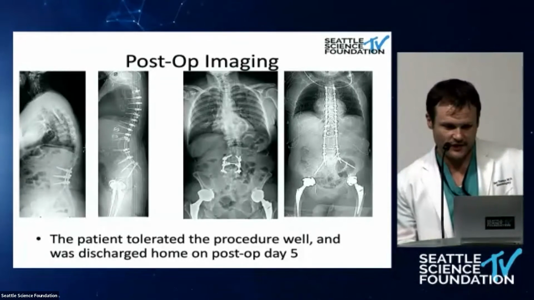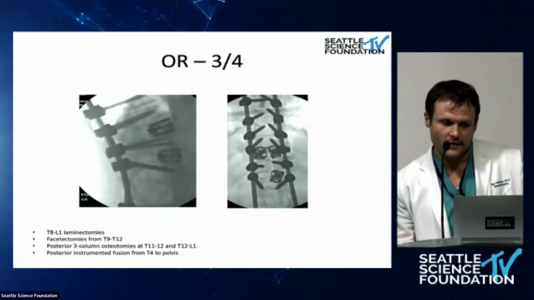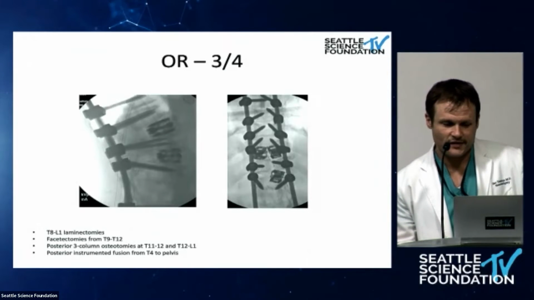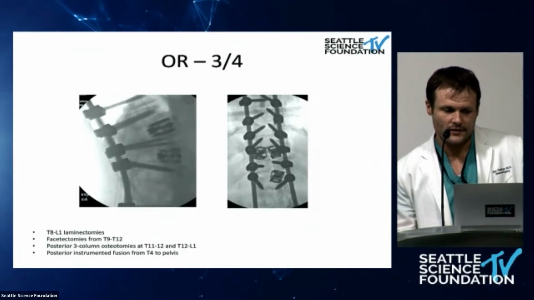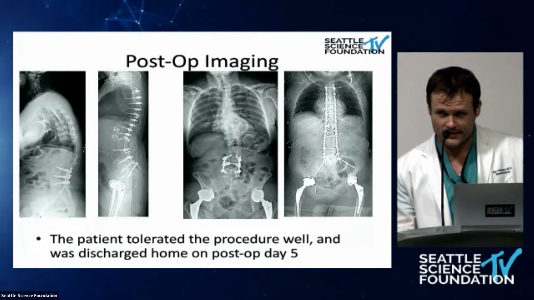She had a coronal imbalance tilting off to the right a little bit. Looking at her coronal intraoperative films, you can see we eccentrically placed cages at T12-L1 and put 2 symmetric rise cages at T11-12 to try to correct her coronal deformity, which seems to be straightened out pretty nicely in the coronal standing films. The patient did really well and went home on post-op day 5.